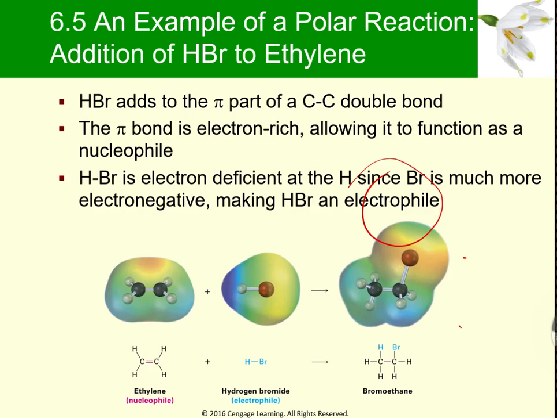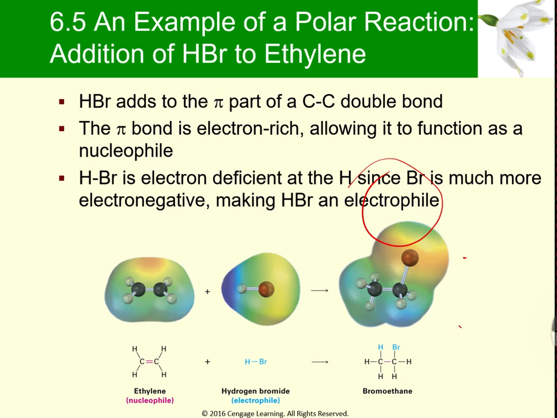And once you look at the molecules, you should try to identify the nucleophile and electrophile. Now, once you identify the nucleophile and electrophile, you also have to identify where the nucleophilic center is in the nucleophile and where the electrophilic center is in the electrophile.